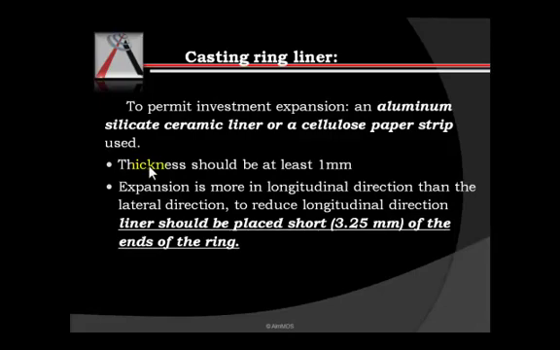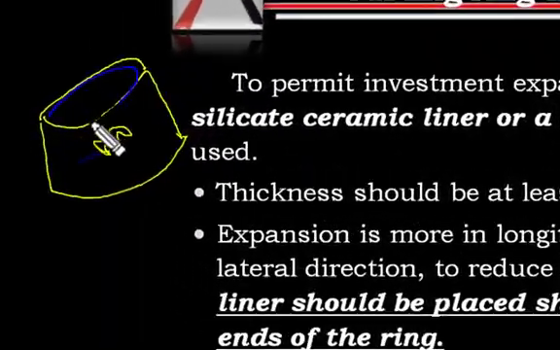Now for that, we use something that is called casting ring liners. These casting ring liners permit the investment expansion. So what are these exactly? We have a casting ring wherein the wax pattern is invested, and this casting ring is lined from inside by something that can hold water.